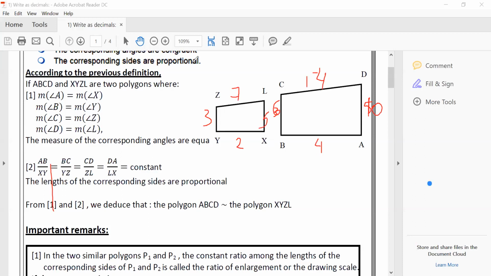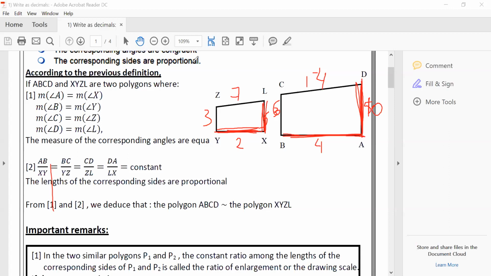What is proportional? When I divide one side of the first polygon by the corresponding side of the second polygon, I get a ratio; and the ratio of the second side of the first polygon to the second side of the second polygon must be the same.